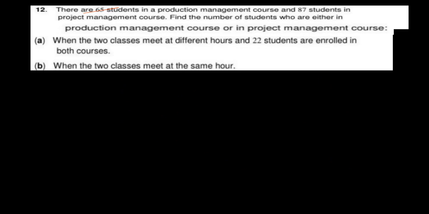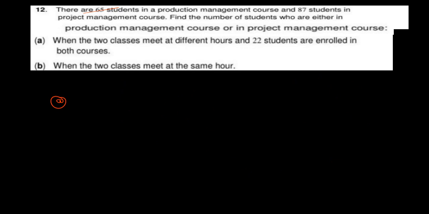All right, so when the 2 classes met at different hours and 22 students are enrolled in both courses. So what we are going to do here is for A, when 2 classes met at different hours and 22 students were enrolled like that. All right, when 2 classes met at the same hour.